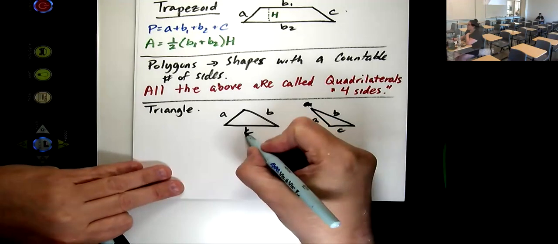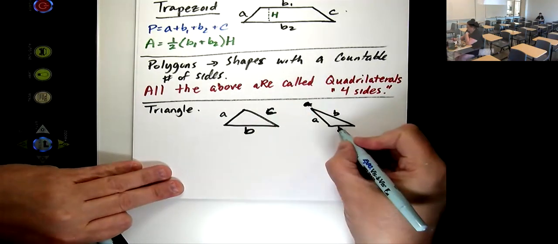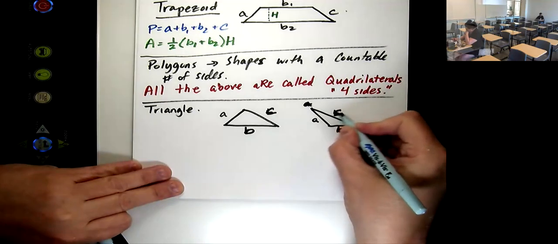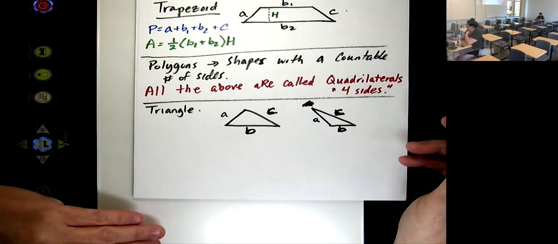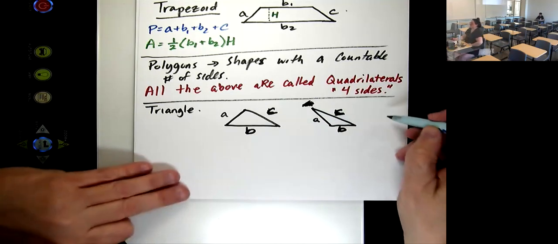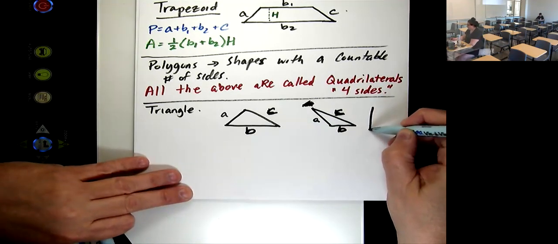I have a B on the bottom. Even a good old right triangle meets this.